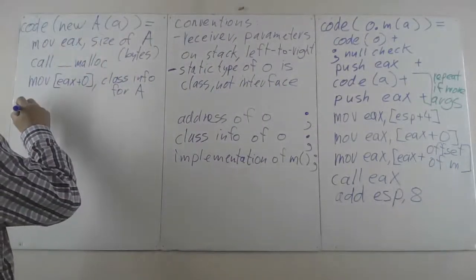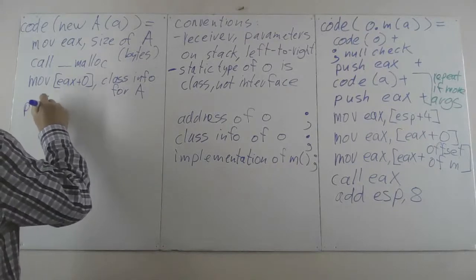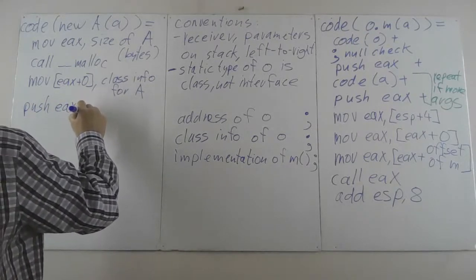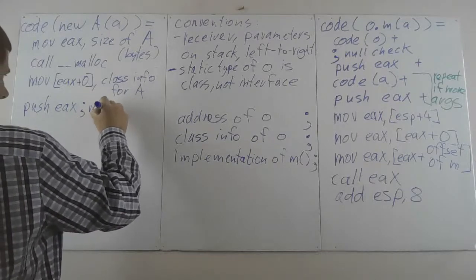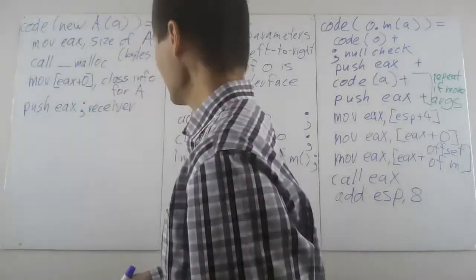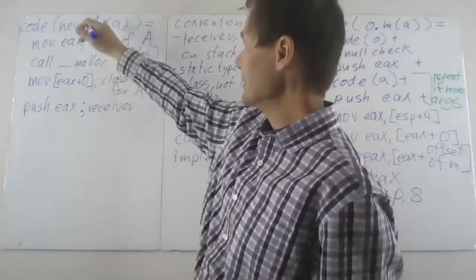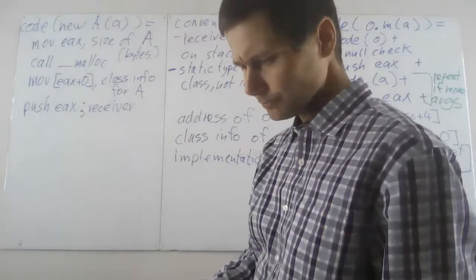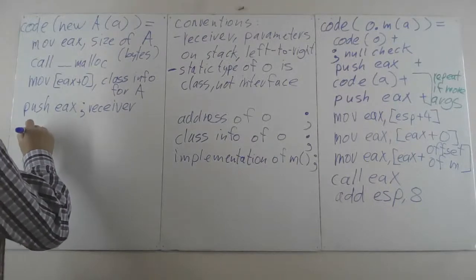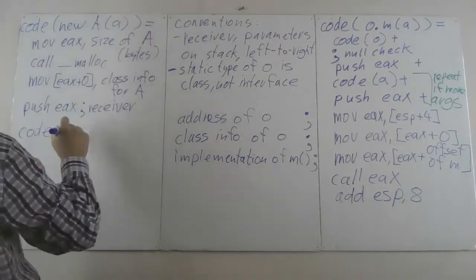I'm going to push EAX onto the stack. And so this is the receiver, the address of the object that we've just created, and also sort of the 0th parameter to the constructor. And then I'm going to evaluate any other arguments.